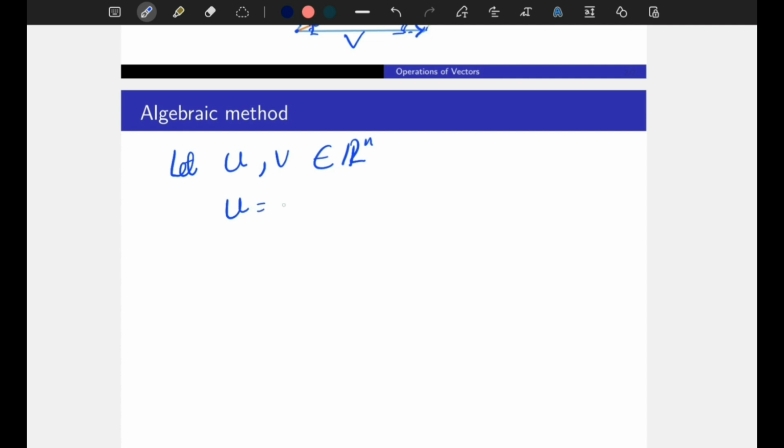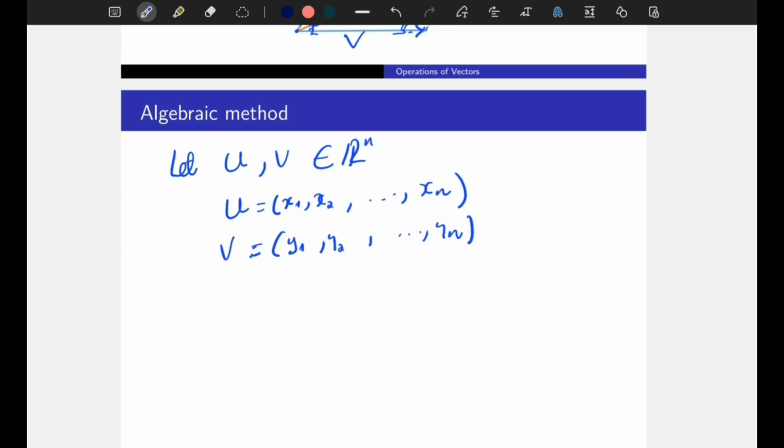So u can be represented by, let's say, x1, x2, up to xn. It has n coordinates, and v can be expressed also using y1, y2 up to yn, or n tuples of numbers, in other words.